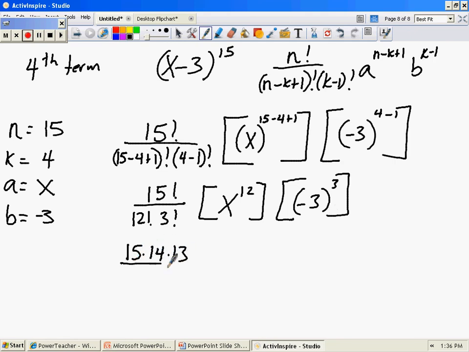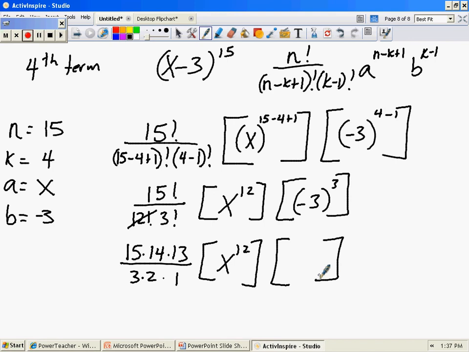And the 3 will leave 3, 2, 1 on the bottom. We'll have to reduce that one by hand. What is negative 3 to the 3rd power? Negative 27. Thank you.